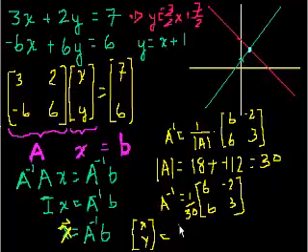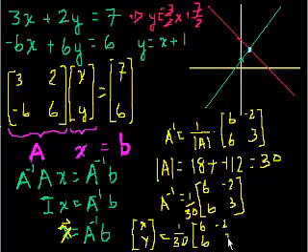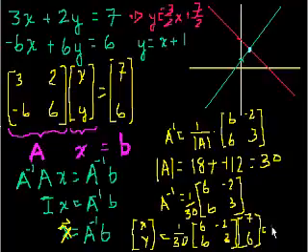So it's 1 over 30. I didn't multiply this out, so I didn't divide everything by 30, just so the matrix multiplication is a little easier. 6, minus 2, 3, times 7, 6. And so what is this equal to?